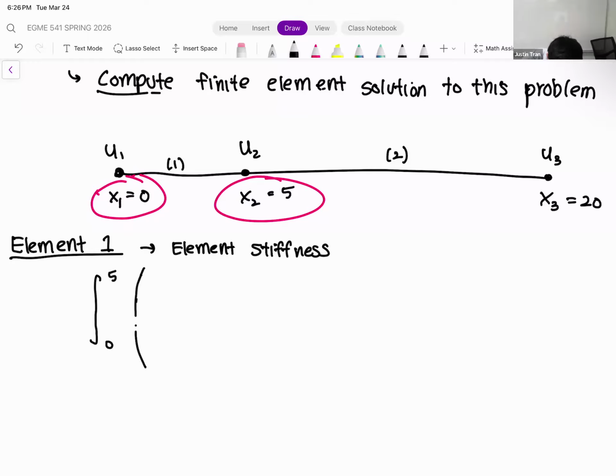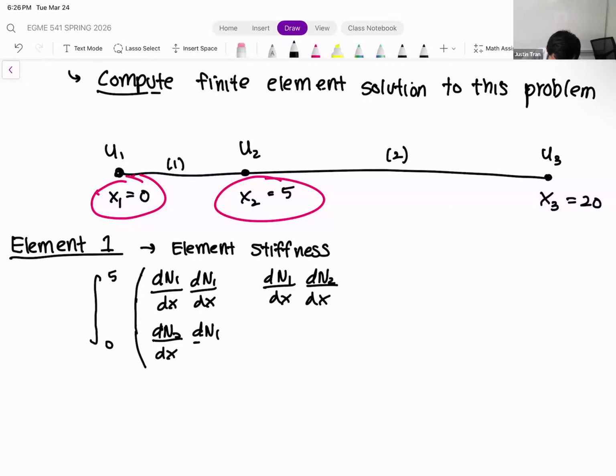our 2 by 2 matrix that we had up there: dN1/dx times dN1/dx, dN1/dx times dN2/dx, dN2/dx times dN1/dx, and dN2/dx times dN2/dx. Trust me, it takes longer to write dN/dx than it is to actually compute it.